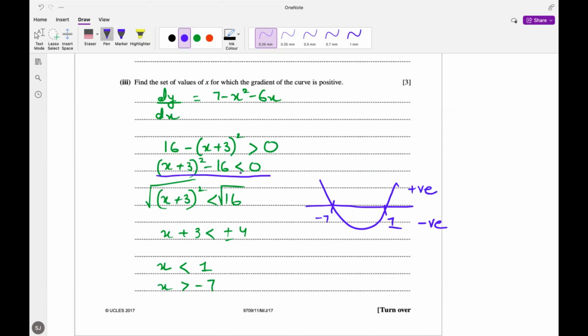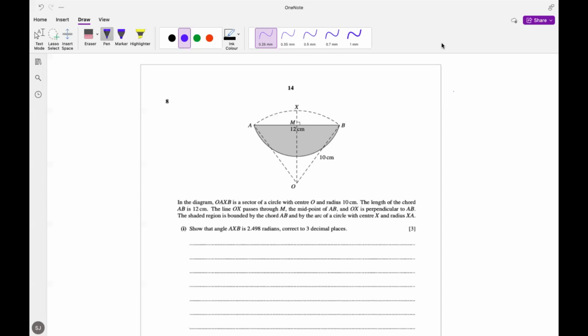As it is less than 0, we need this value to be less than 0. So if we move forward from minus 7 and backwards from 1, this is where it satisfies our inequality. So we have x is less than 1 and x is greater than minus 7.